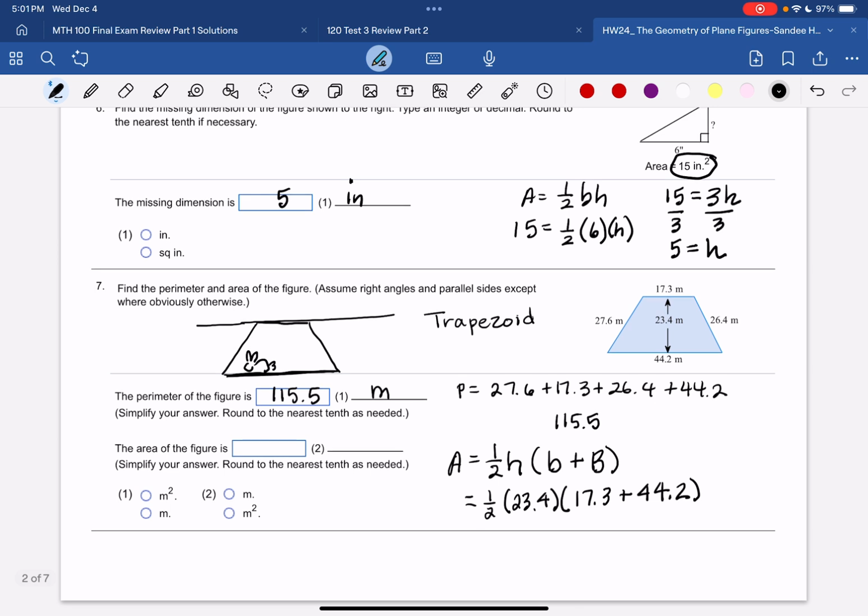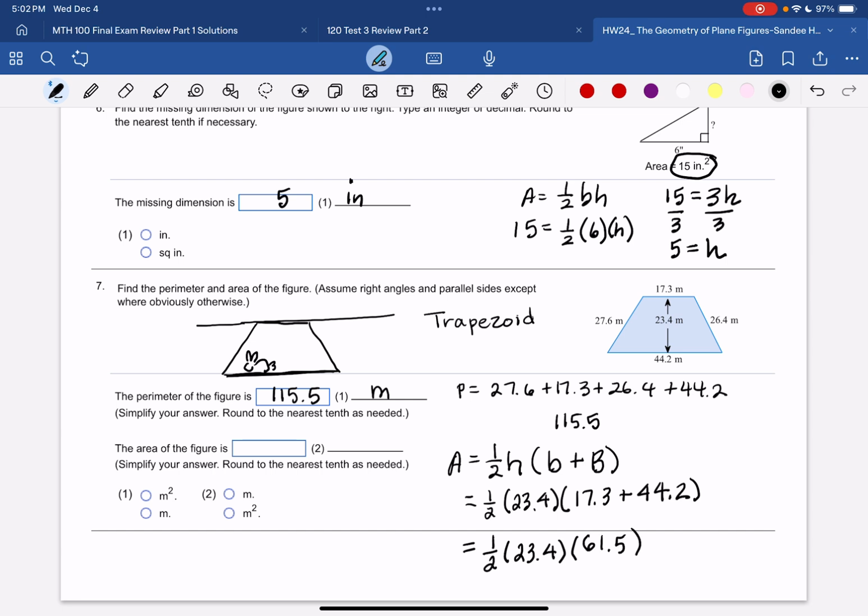Now you can do this on your calculator, or if you're just following order of operations, it's 1/2 times 23.4, and then go ahead and add 17.3 plus 44.2. That gives us 61.5.